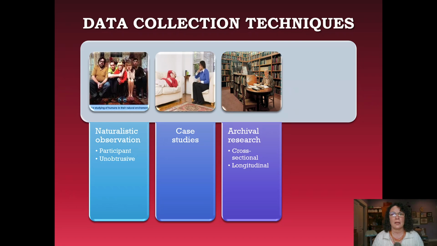So a lot of employers maintain archives of different sorts on employees. You know, it goes in your permanent record, right? And so we might want to look at the permanent records or the employee files, and look for certain data that would be helpful for answering questions. You could do it in some kind of cross-sectional technique where maybe you pull the files for people who worked for the organization between 1950 and 1960, between 1970 and 1980, and between 2000 and 2010.